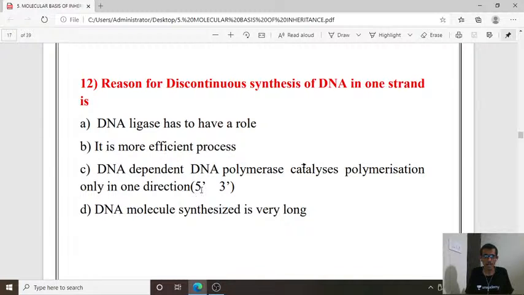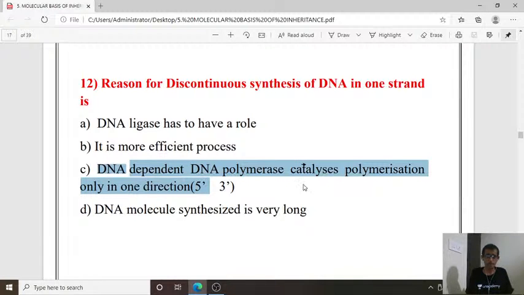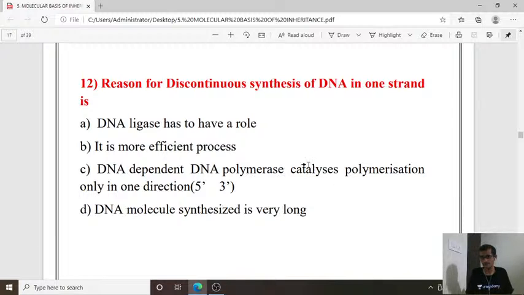The arrow mark should be from 5' to 3' here in the third option. So the right answer is C, DNA dependent DNA polymerase catalyzes polymerization only in one direction, that is 5' to 3' direction.